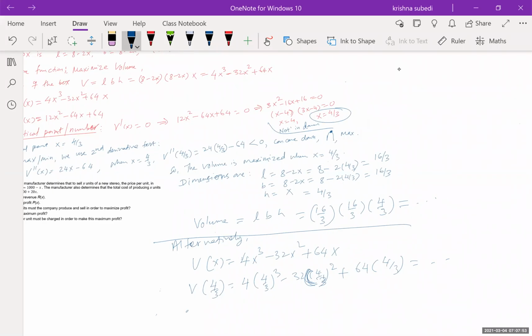When you work it out, the volume is going to be approximately 37.9 centimeter cube. In this case also you can find that it will be 37.9 centimeter cube.